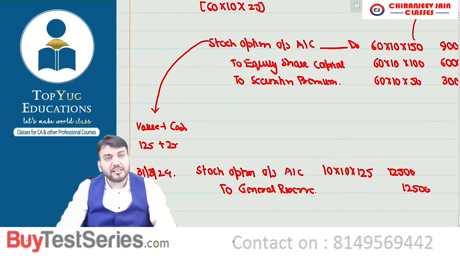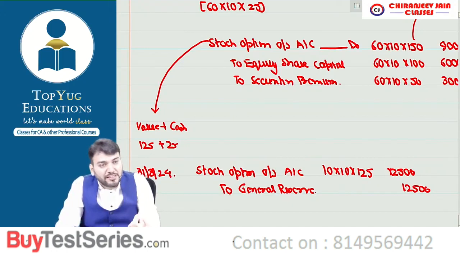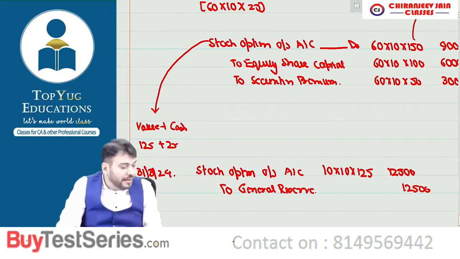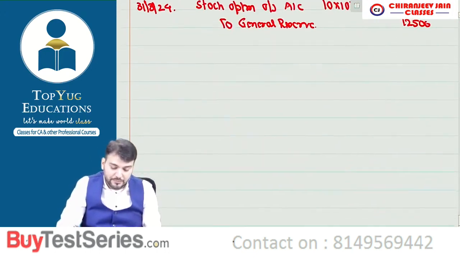I think the last journal entry you have understood: for vested option cancel, the stock option outstanding account will be cancelled and transferred to general reserve. So write down.